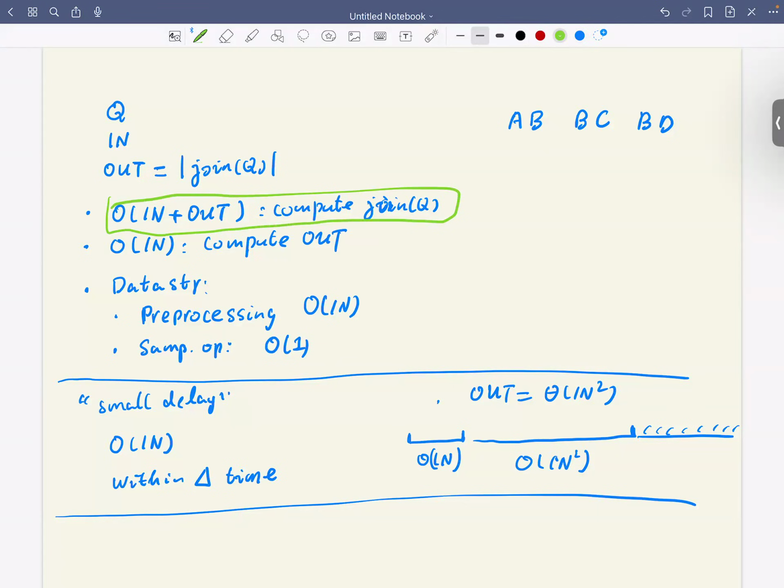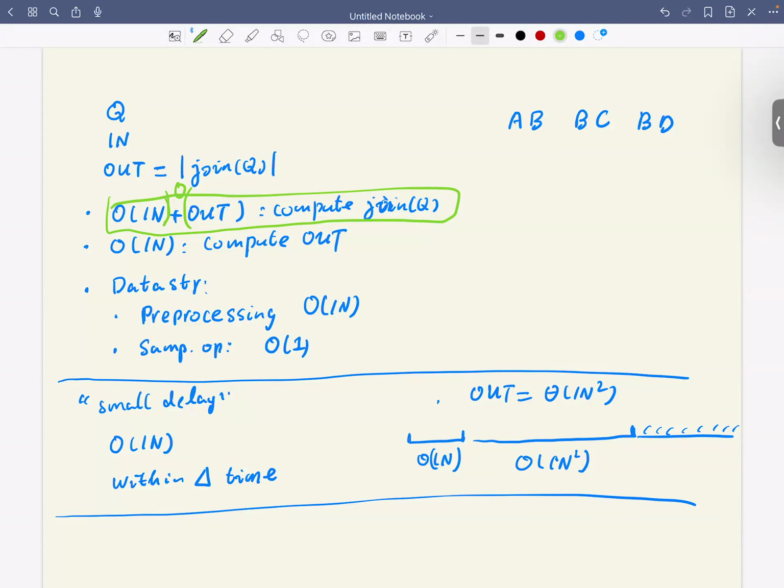So for Yannakakis, you are able to achieve the following. You can break these two terms into this form, and you can regard the first term as the preprocessing, and then the second term just for the purpose of outputting. This is something we talked about several weeks back, and I hope you can still remember this. Here is the rough idea.